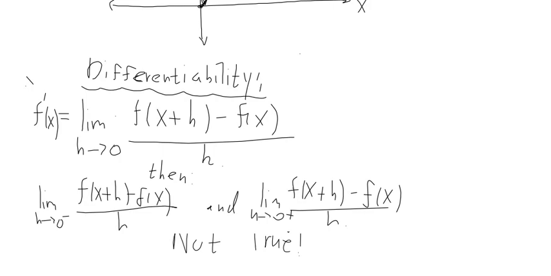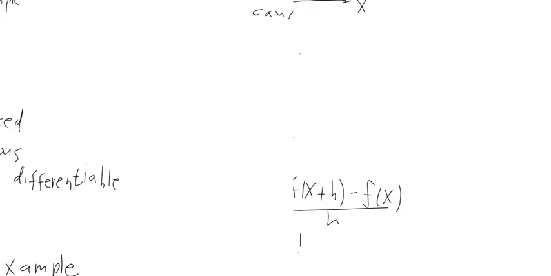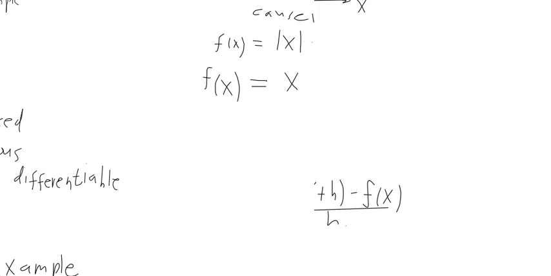So let's go to the side here. Here is how we're going to show this. Because f of x is equal to the absolute value of x, I know that f of x equals x when x is greater than 0.